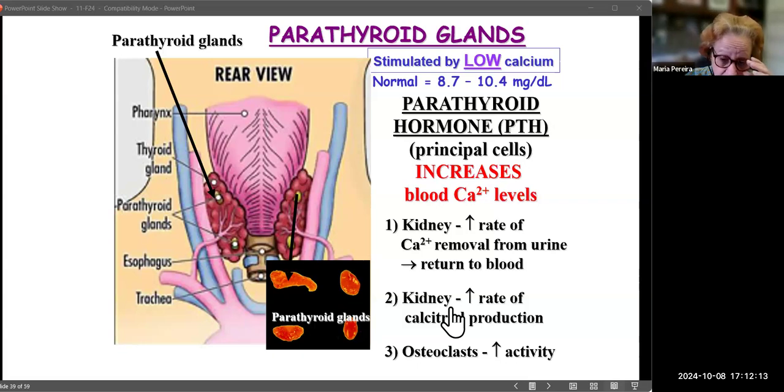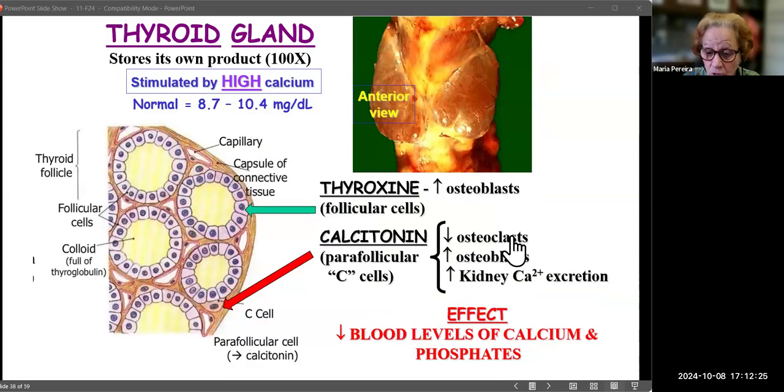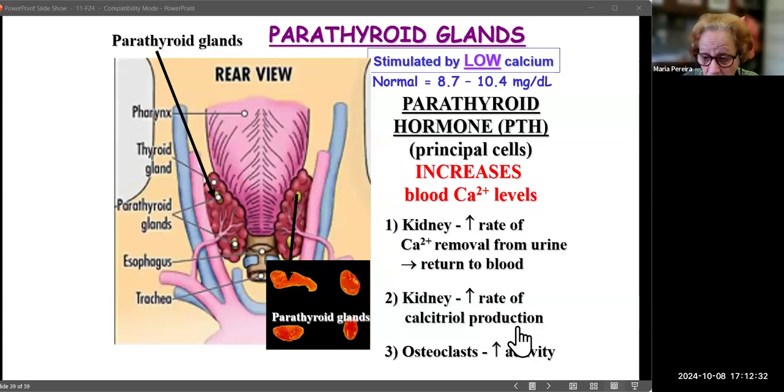You increase the production of calcitriol by the kidneys. And you increase osteoclast activity. Remember, thyroid hormone lowers osteoclast activity because you don't want more calcium to go into the blood. The parathyroid hormone has the opposite effect. You increase osteoclast levels because you want more calcium to go into the blood.